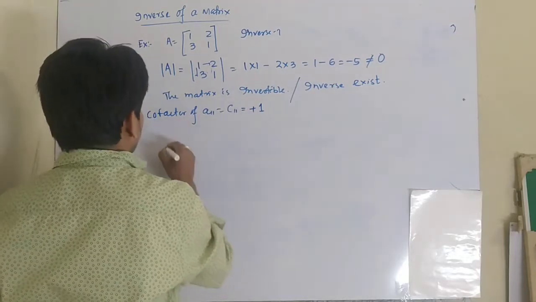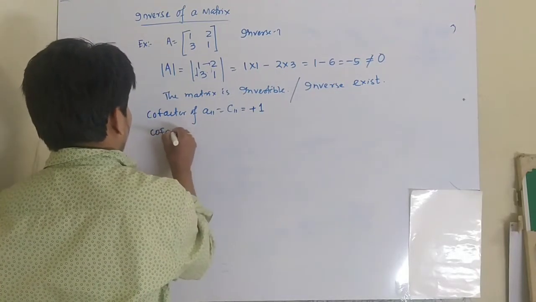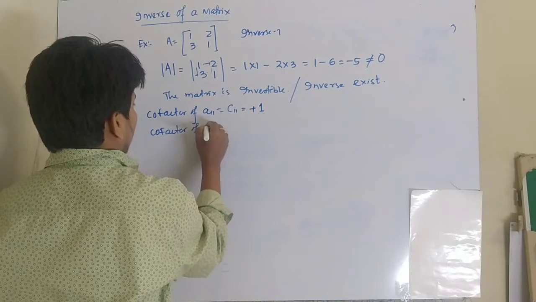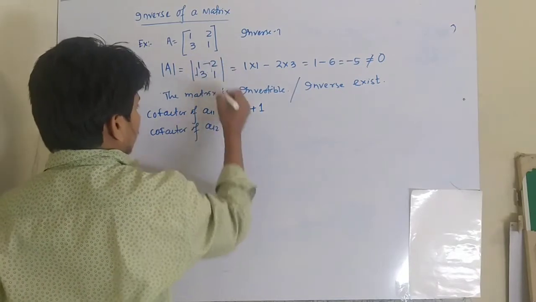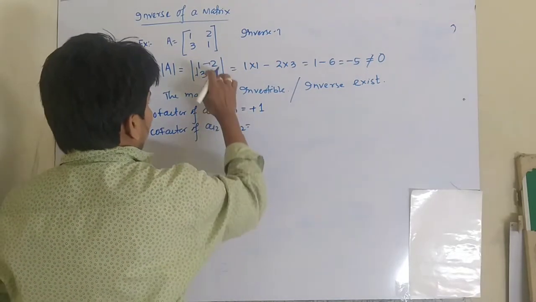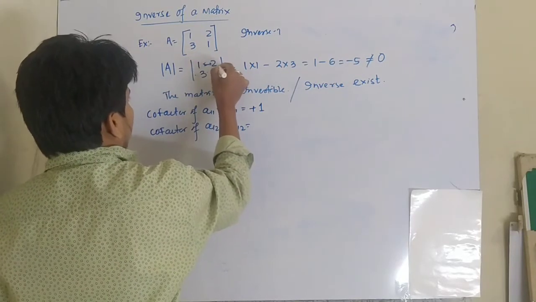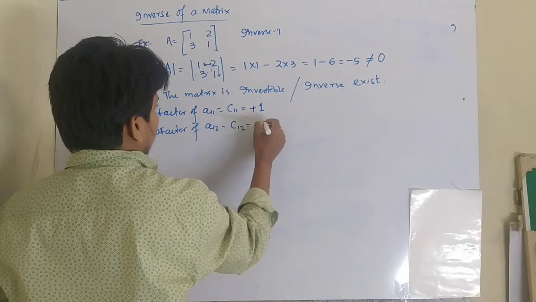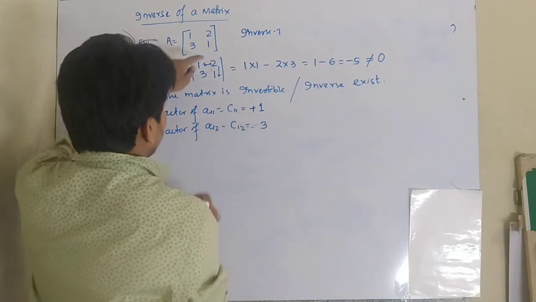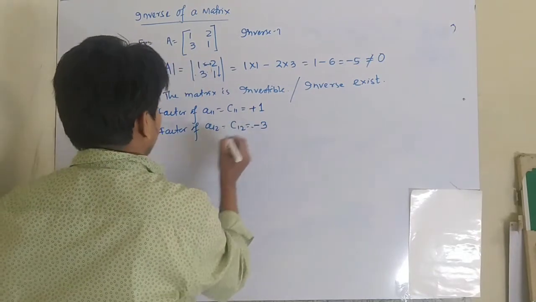Then the cofactor of A12, A12 means 2, that is C12. You have to leave this row and this column. Only 3 is left, and the sign of this position is minus.